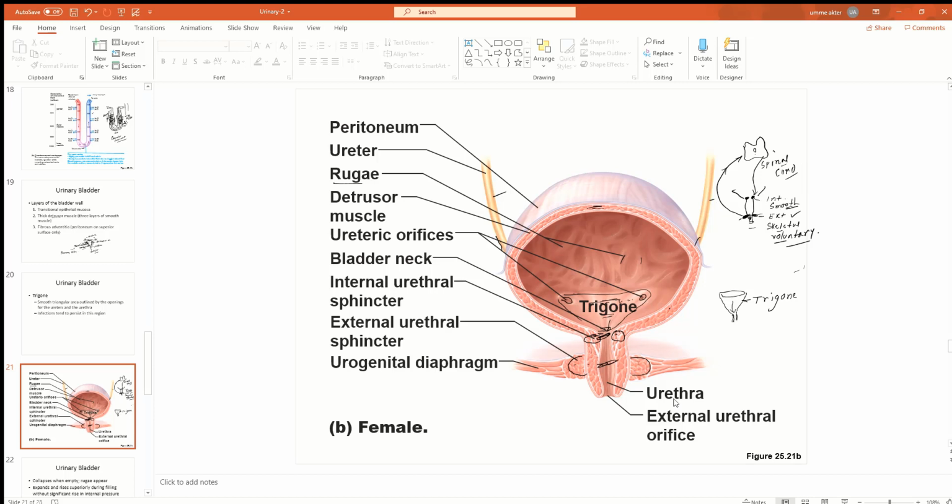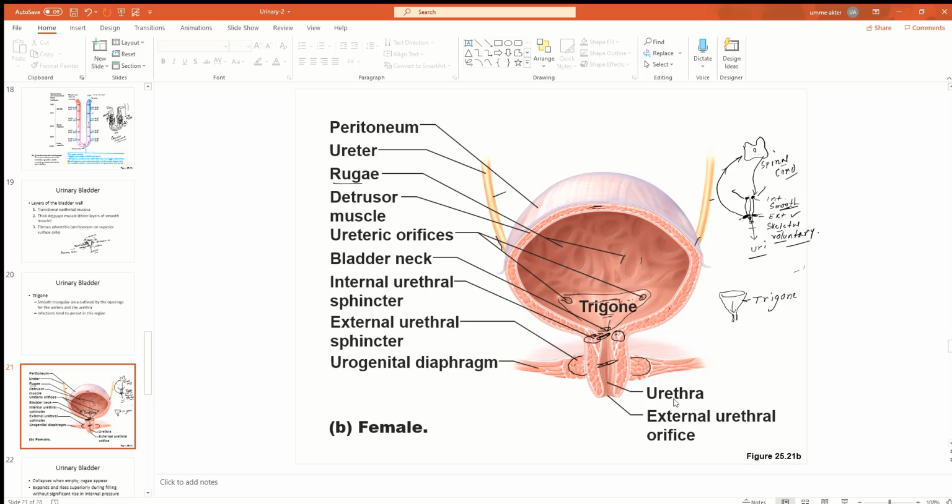So the internal will relax. We cannot do that, but the spinal cord will do it. Okay, so when both are relaxed, then we push the bladder using the abdominal muscles, and that will push the urine out from the body. Okay, so that is the mechanism of urination.